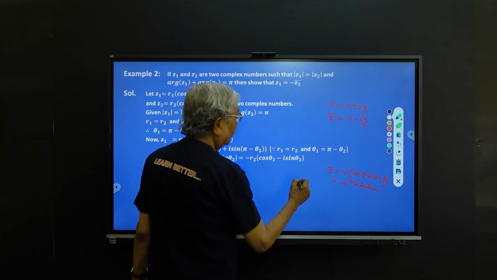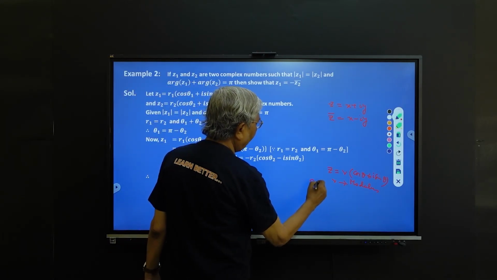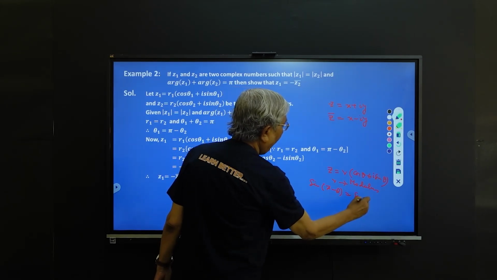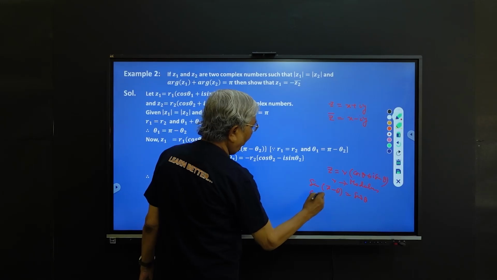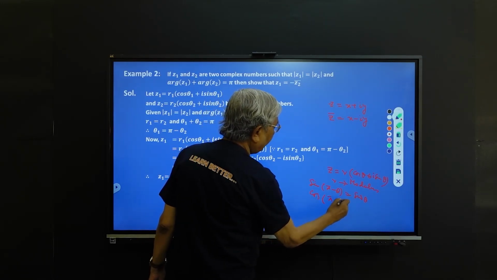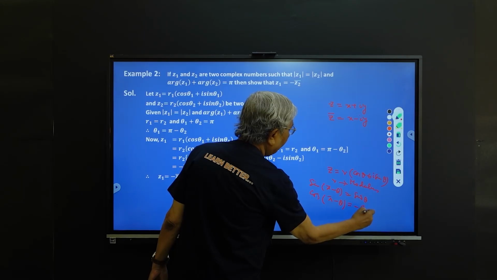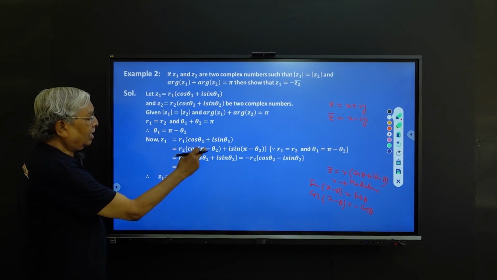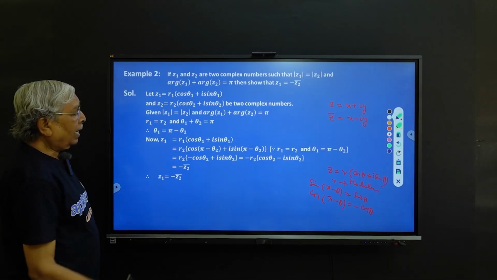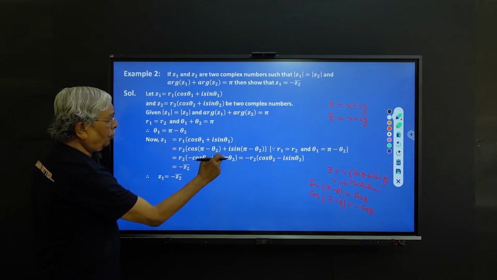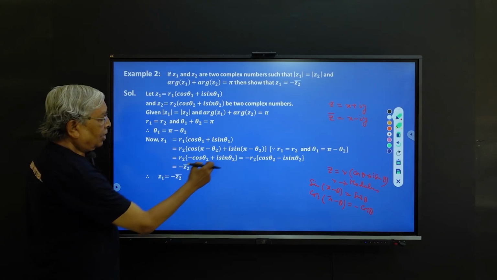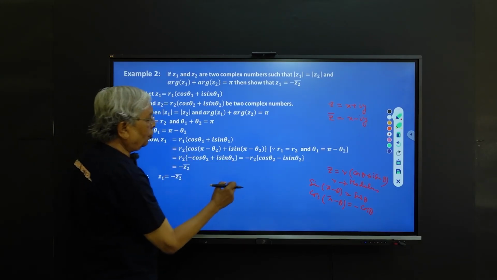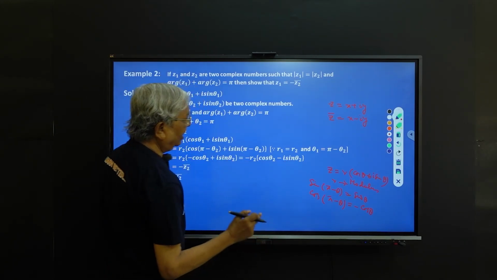We know that sin of pi minus theta is sin theta, and cos of pi minus theta is minus cos theta. So cos of pi minus theta 2 is minus cos theta 2, and sin of pi minus theta 2 is sin theta 2. So if you take minus outside, minus r2 into cos theta 2 minus i sin theta 2.